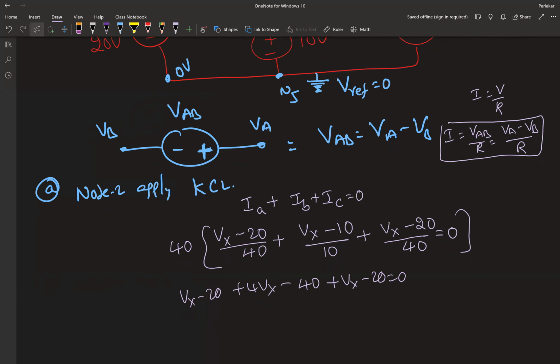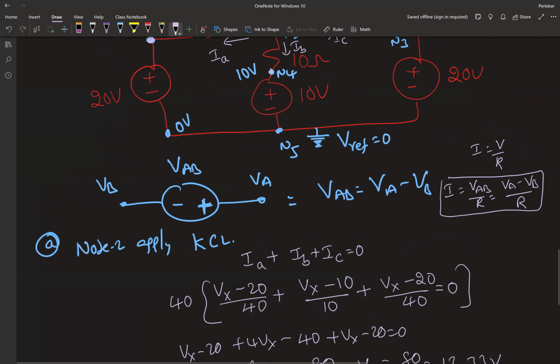So I have 6Vx equal to 80. So Vx equals 80 divided by 6. Can you give me that number? 80 divided by 6 is 13.33 repeating. So 13.33 volts.